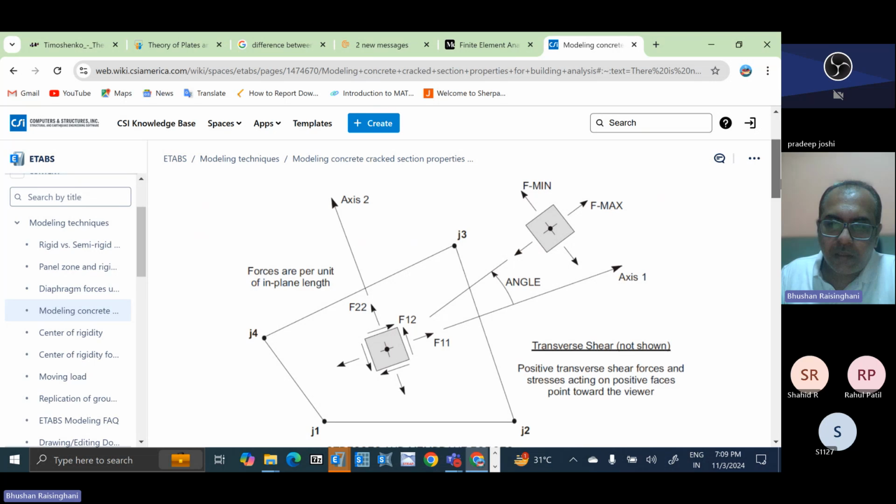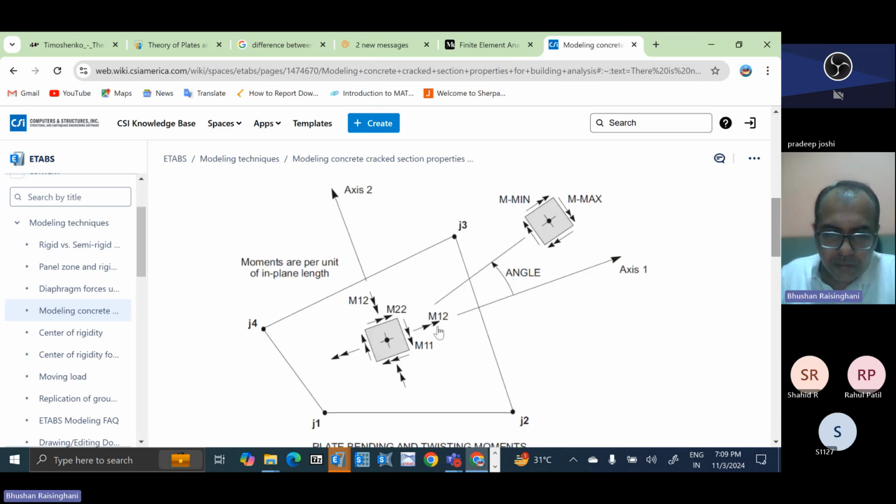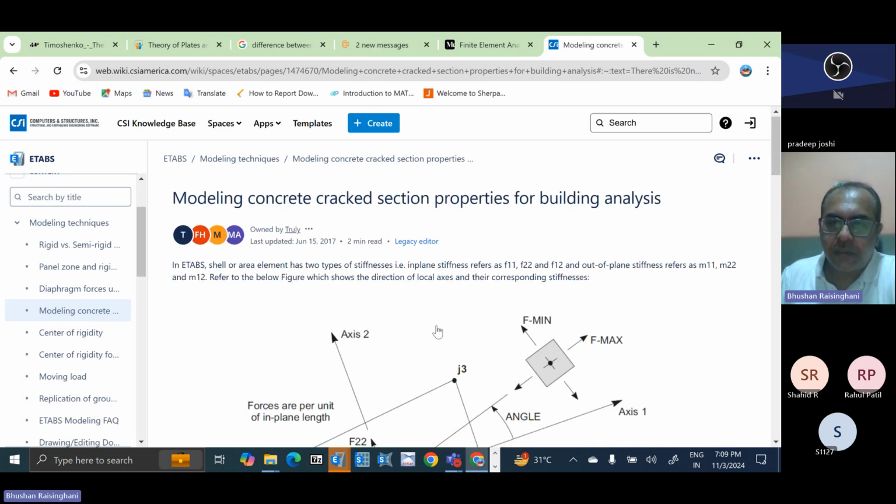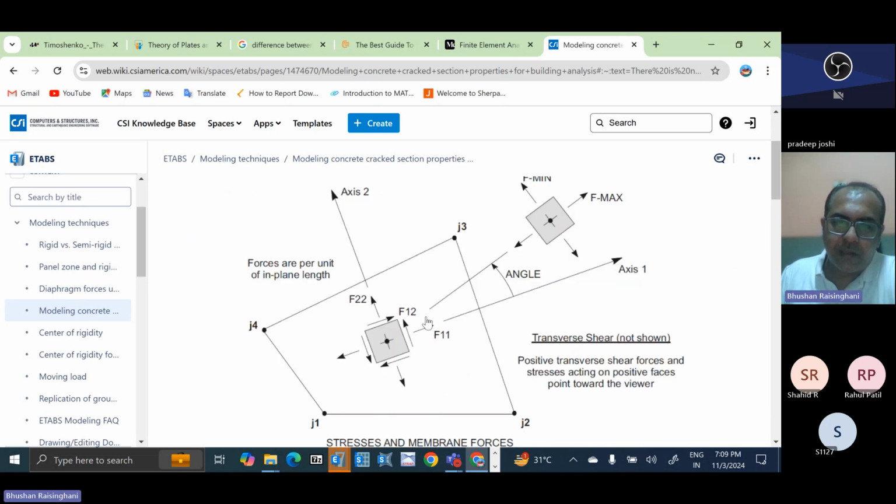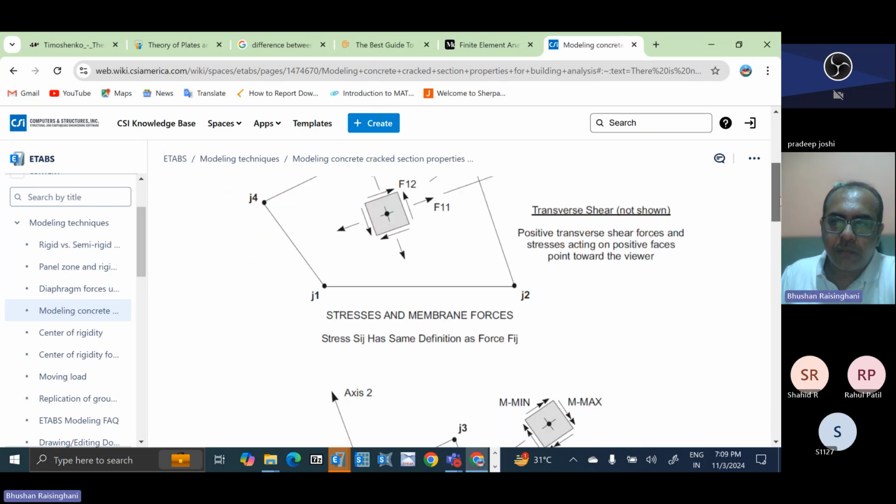Whatever you see in a double arrow is a moment, right? So there are two types of moment. One is the bending moment and one is the twisting moment. Is twisting moment going to apply here or not? That we have to see, but bending moment is going to be applied. And there is no third direction, so twisting moment is not there.